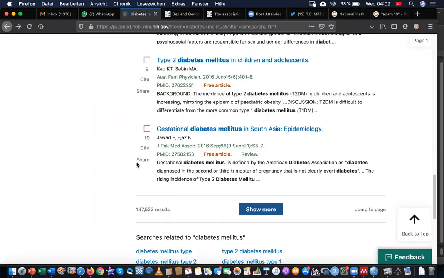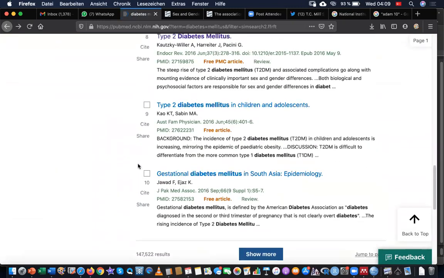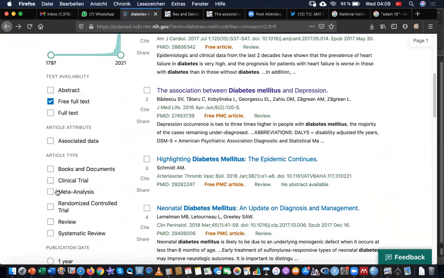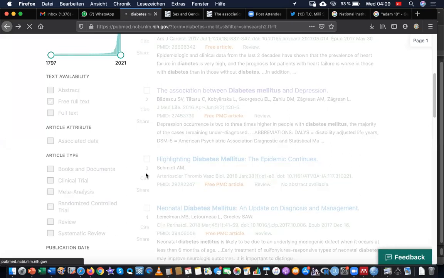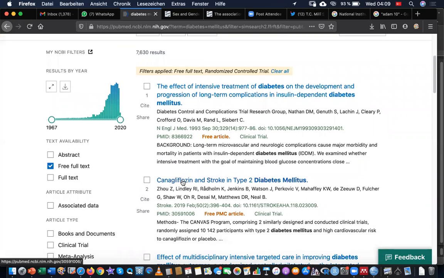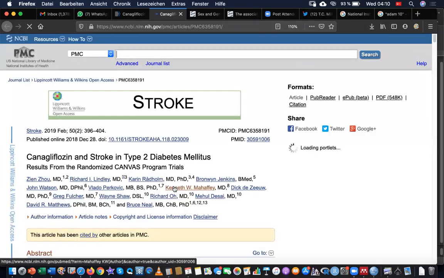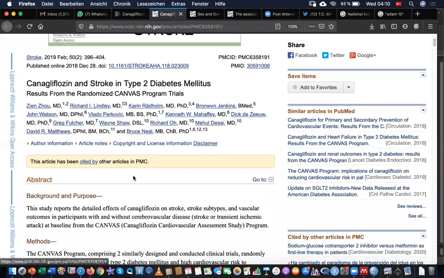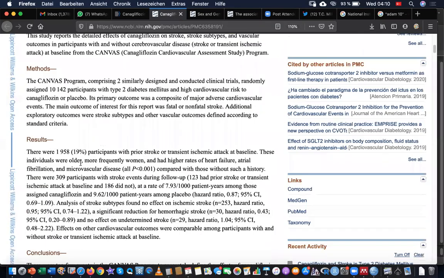That didn't happen to me before. Epidemiology. Come on. Let's make it a clinical randomized controlled trial. Now there is no other chance. There must be methods. Okay. Abstract, methods, results, conclusions.